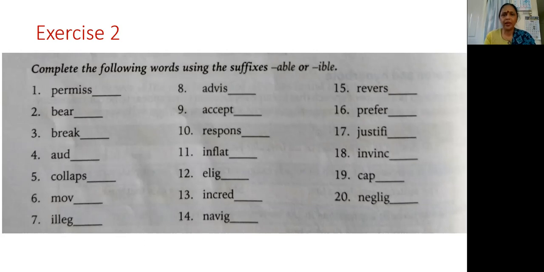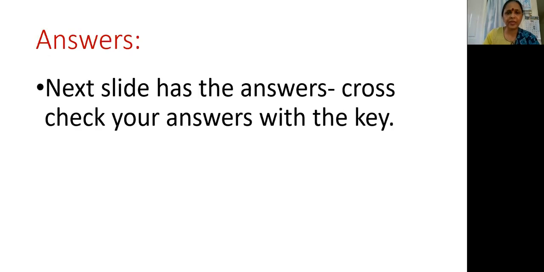Okay, time up. Shall we look at the answers? Keep your answer book, your notebook, and cross-check and see out of 20 how many you have got correct. Okay, these are the answers.